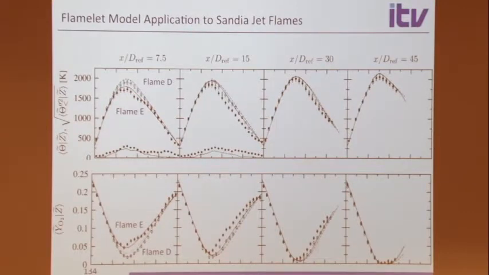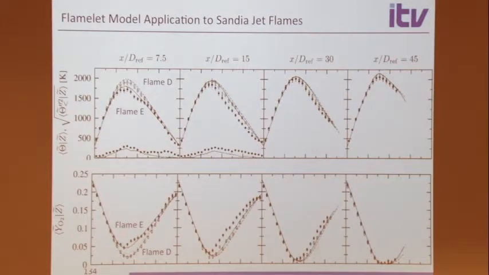And you see the temperature is well captured, and then early on we looked at the O2 mass fraction to see if O2 goes to 0 at stoichiometric, that would be fast chemistry, but if you get local extinction, then it doesn't burn up at stoichiometric. And you see here for flame D and then here for flame E that this model captures it quite accurately.